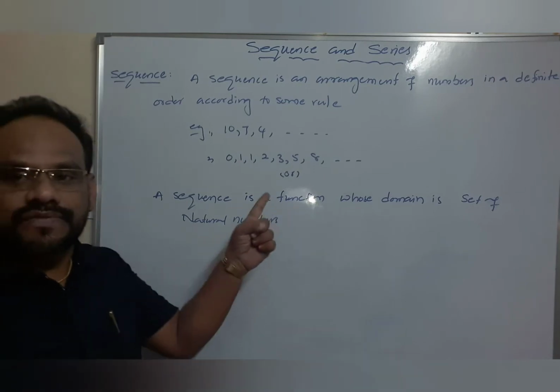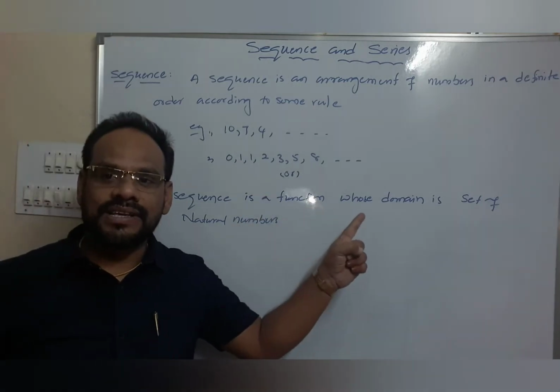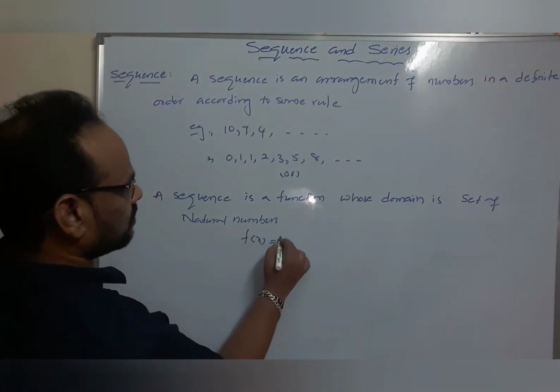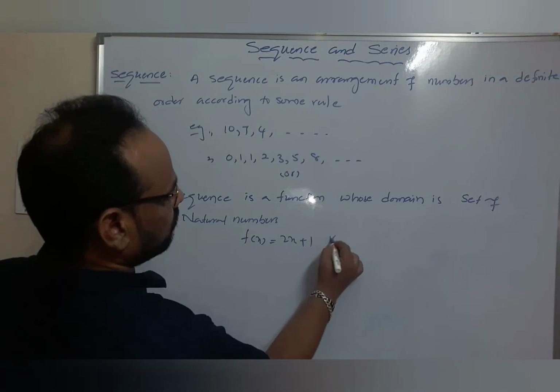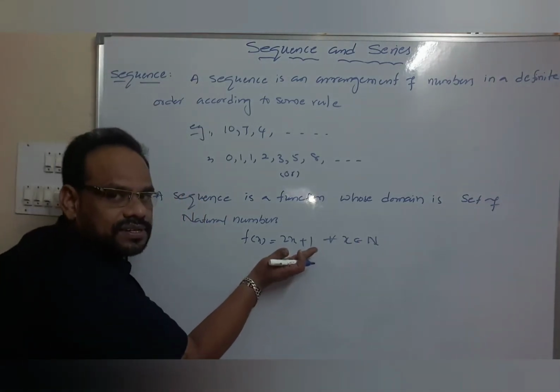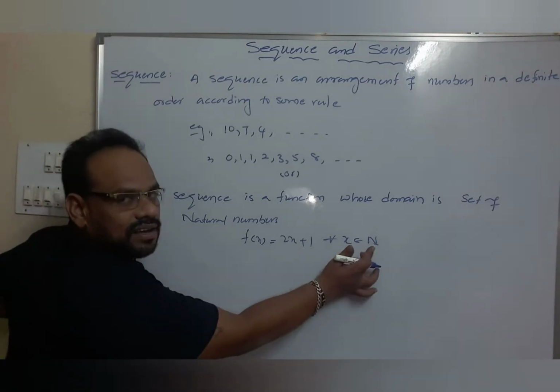A sequence is a function whose domain is the set of natural numbers. For example, f of x is equal to 2x plus 1 for all x belongs to N.